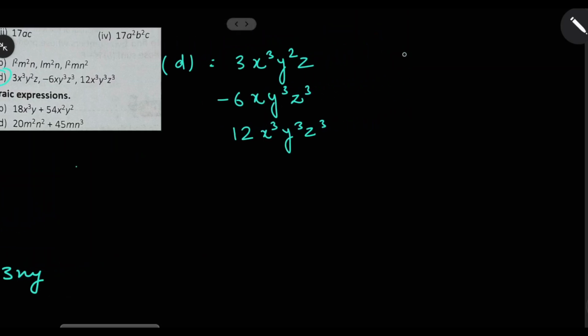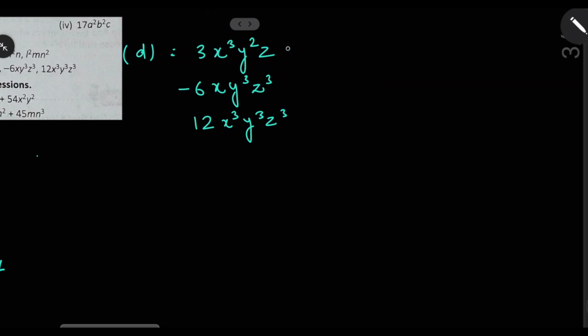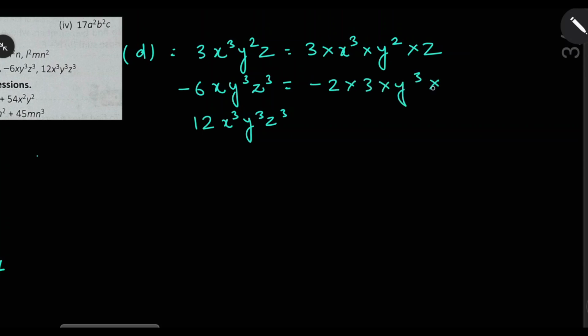Let us write the factors of these numbers. 3 into x cube into y square into z, and this can be written as minus 2 into 3 into y cube into z cube, and this can be written as 2 into 2 into 3 into x cube into y cube into z cube.